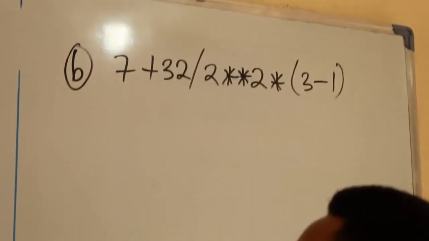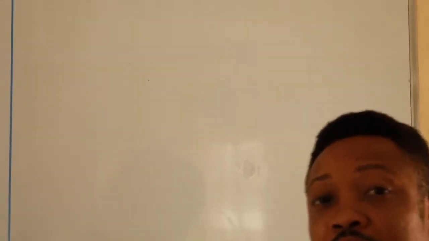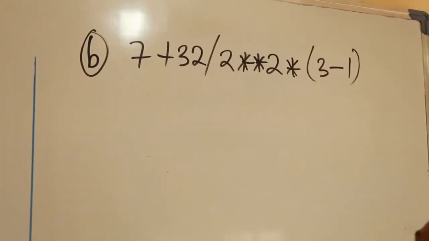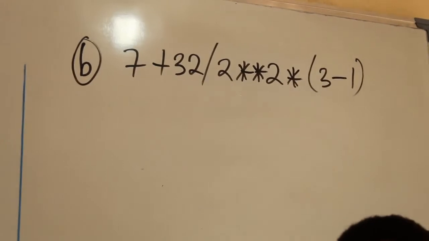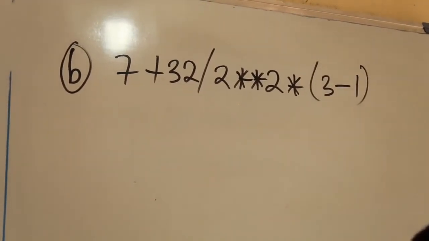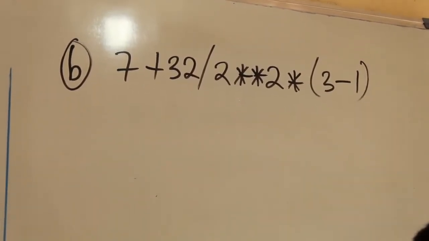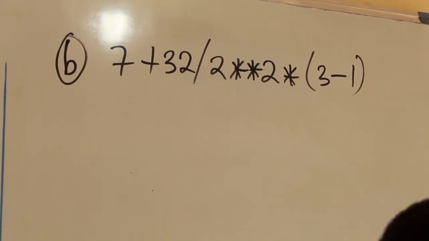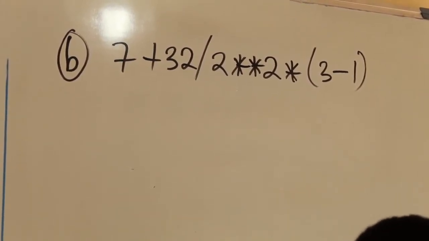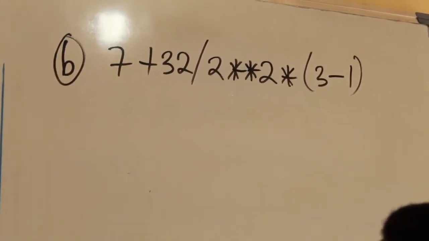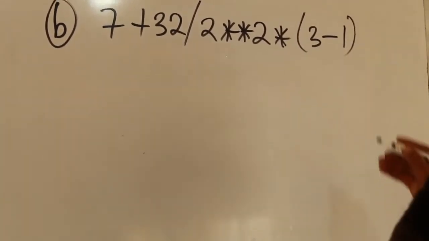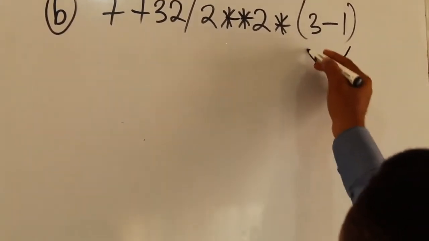If you look at this expression, you will see that there are brackets, and also exponent, division, and multiplication. So in the order of precedence, following BEDMAS, the first is the bracket. So we're going to solve the first thing in the brackets, which is 3 minus 1, and 3 minus 1 is 2.